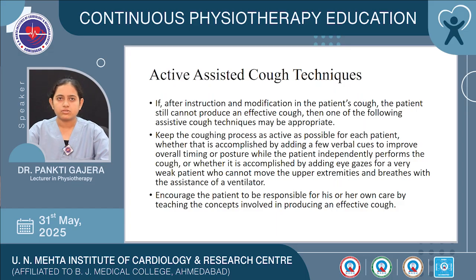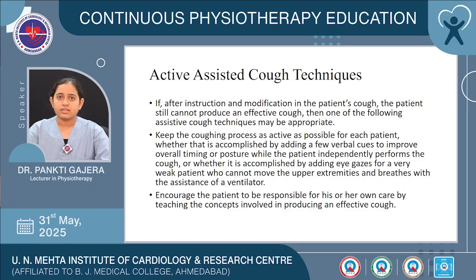So let's see about active assisted cough techniques. If after instruction and modification in the patient's cough, the patient still cannot produce an effective cough, then one of the following assistive cough techniques may be appropriate.